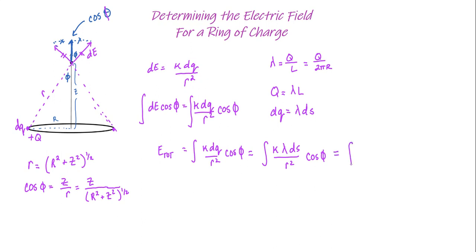So I'll have integral k lambda ds, and now r is going to be substituted in. So I have r squared plus z squared to the 1/2, and that's all squared. Okay, so then that would get rid of this square root.